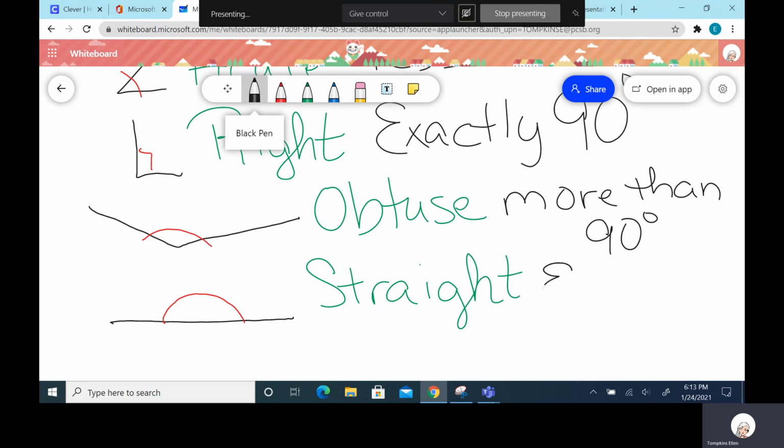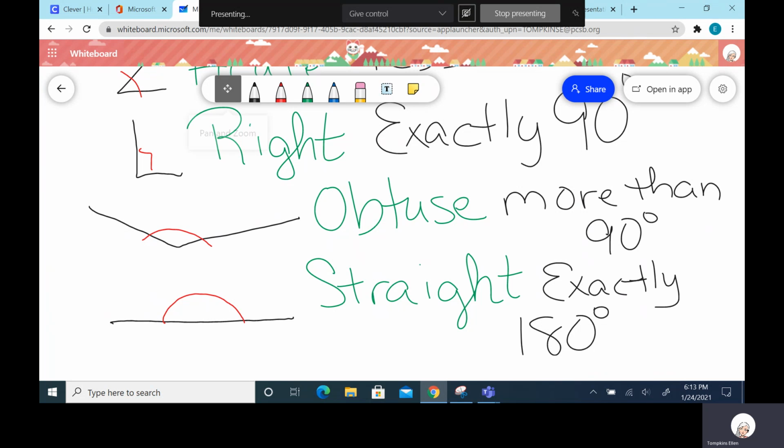This one is exactly 180 degrees. The right angle of 90 and the straight angle of 180 are very important for what we're leading into.